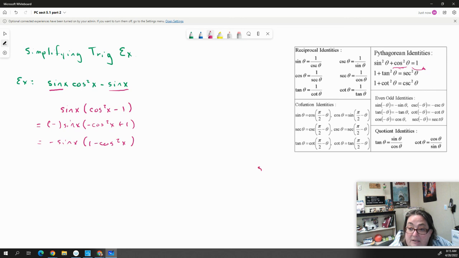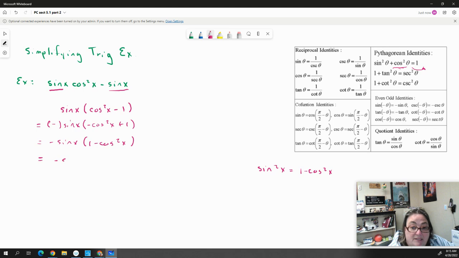We know that sine squared of x equals 1 minus cosine squared of x, right? That's that Pythagorean identity. And so I can say that this is just sine squared of x.